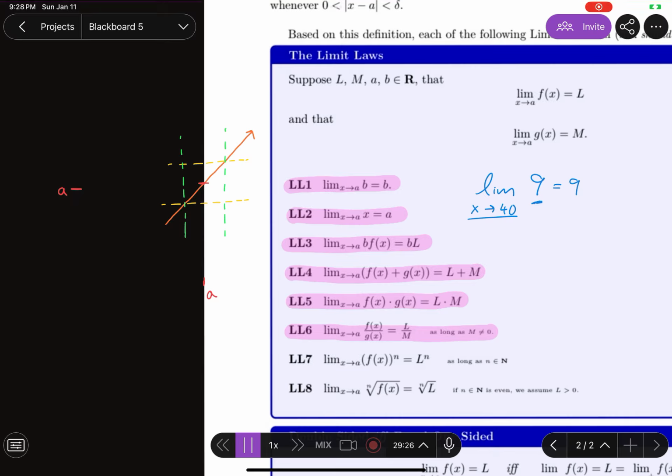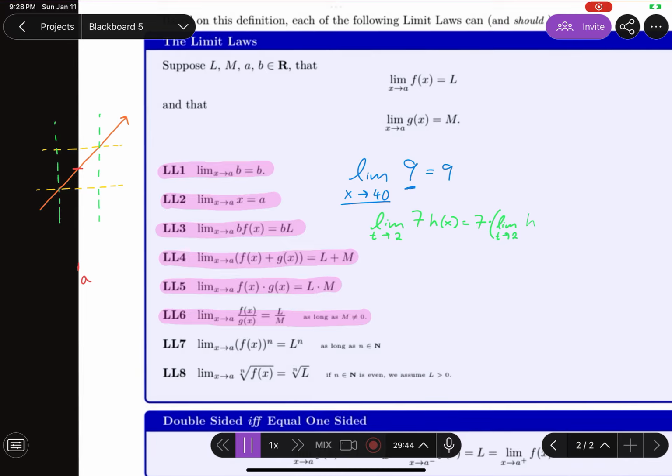What this one says is if I have something like the limit as t approaches 2 of 7 times h of t, that is the same thing as 7 times the limit as t approaches 2 of h of t. This should be a t. So that's what this is saying.